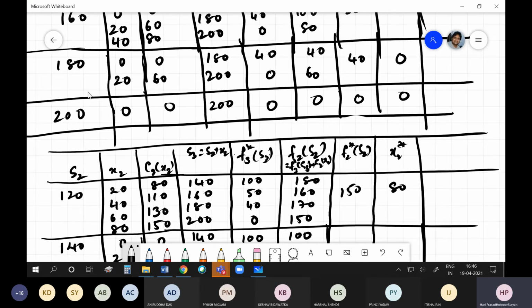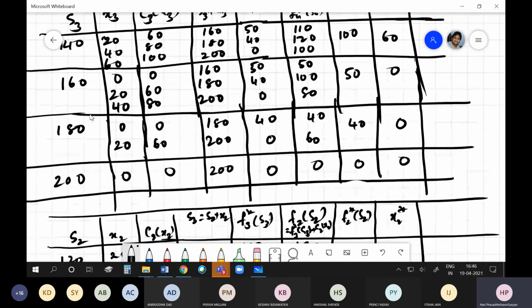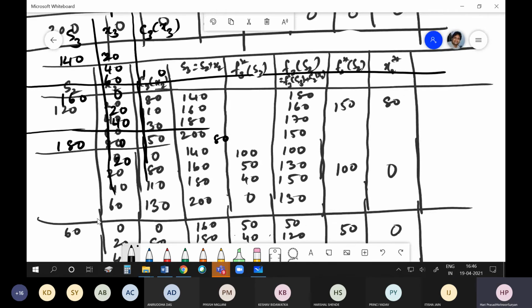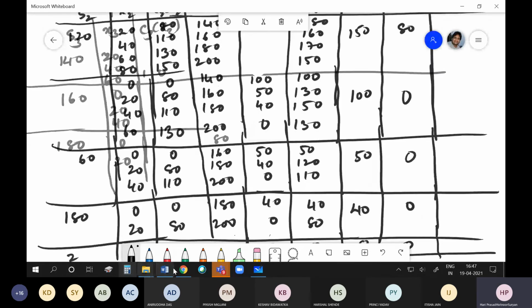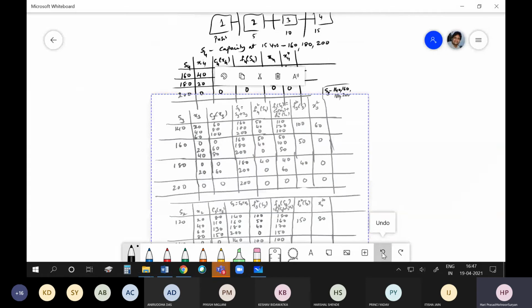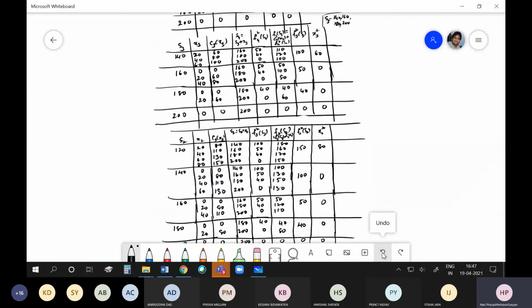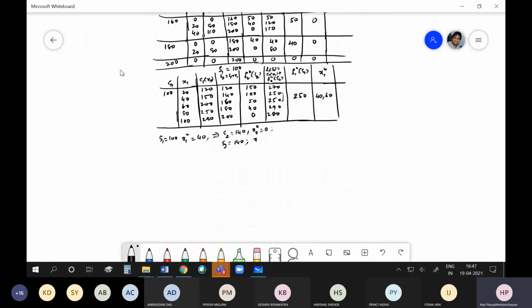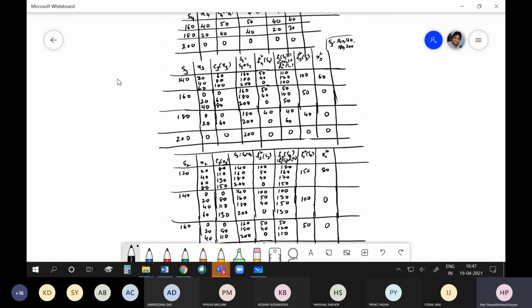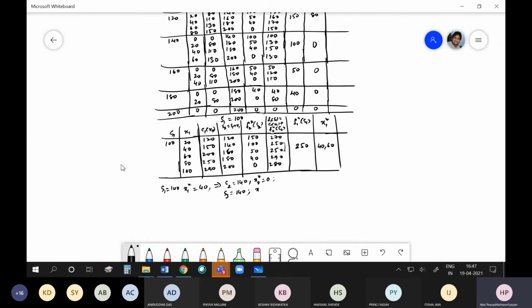S3 for 140 it is 60. Okay, X3 star is 60. Something is happening to my board. Sorry, something happened. Okay, now it is looking better for me. So when it is 140, it is 60. So X3 star is 60.